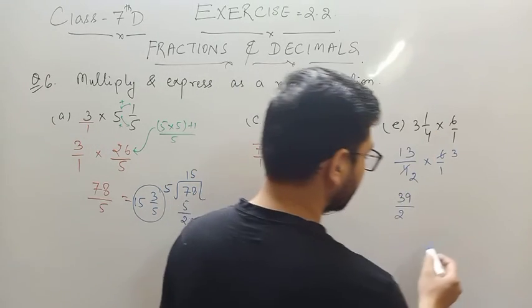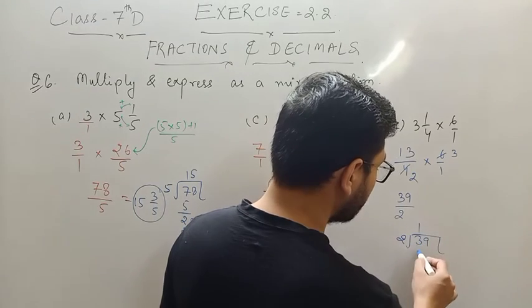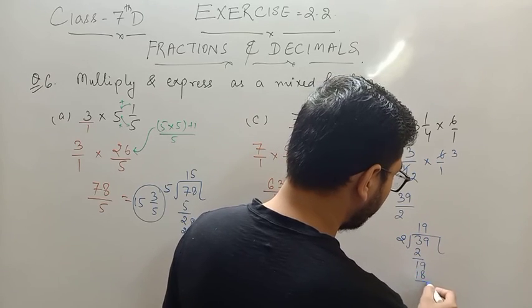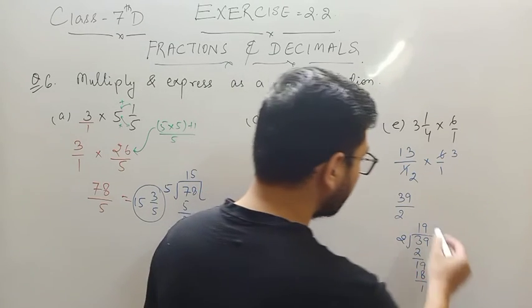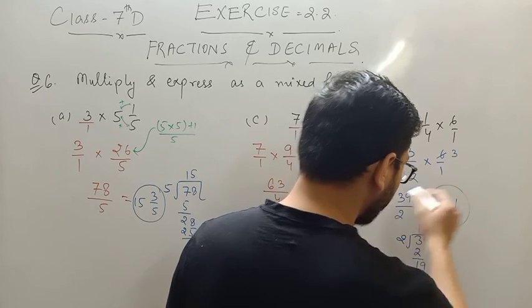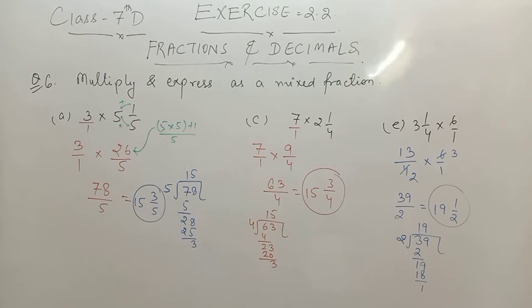Now 39 when divided by 2 is 2 1s are 2, 19, 2 9s are 18, the remainder is 1. Or you can simply write 19 1 by 2. So this is the mixed fraction of 39 by 2. Note it down fast.